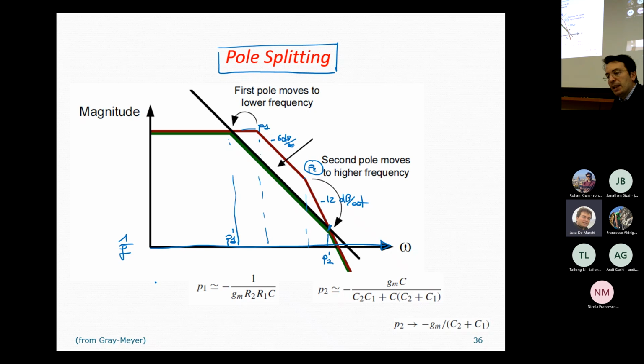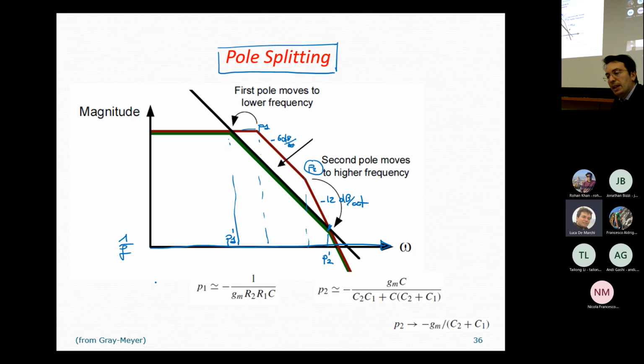So the dominant pole is 1 over CC times GM6 times R2, that is the gain of the second stage, times the resistance of the first stage. This is due to the fact that we are multiplying the compensation capacitance by the Miller effect, and the Miller effect brings this compensation capacitance in parallel to the output resistance of the first stage. This is P1.